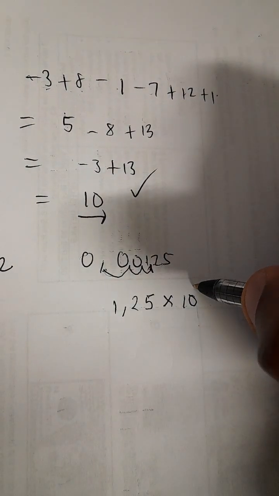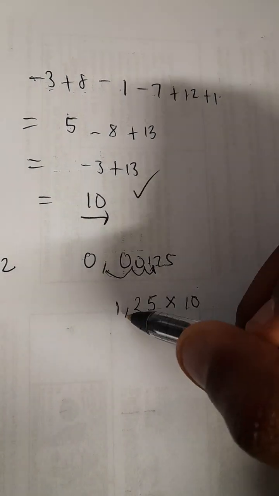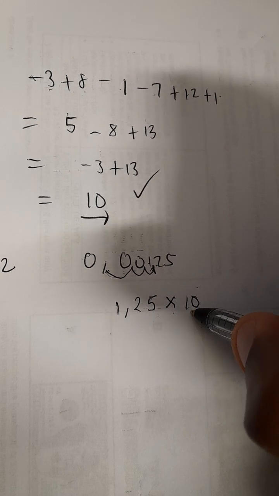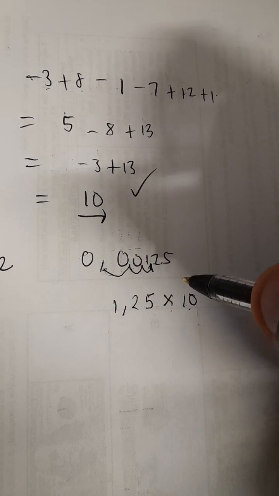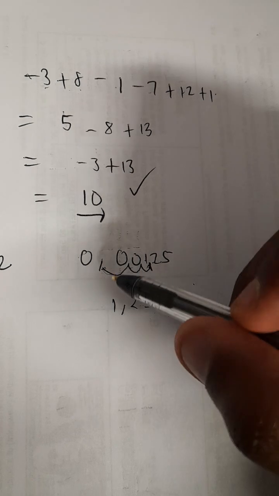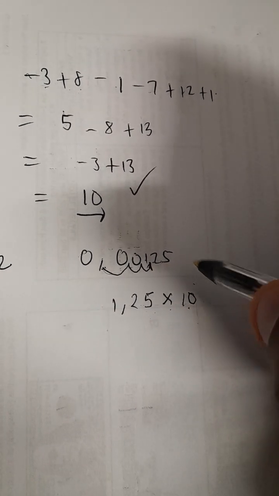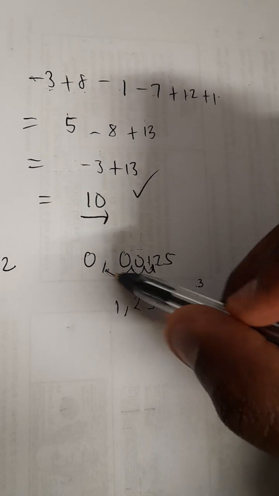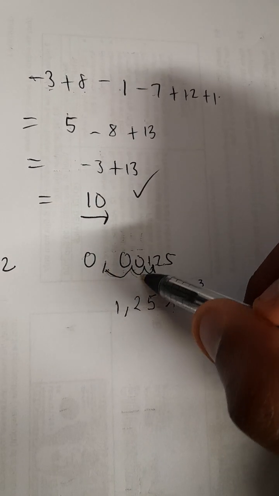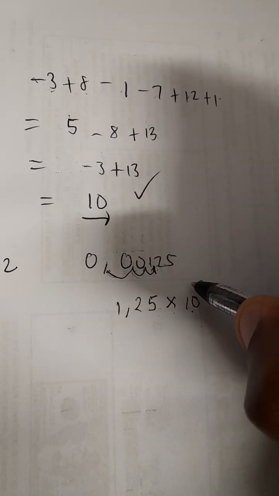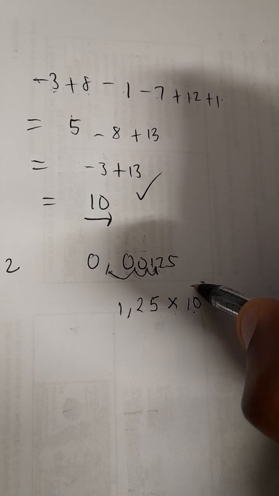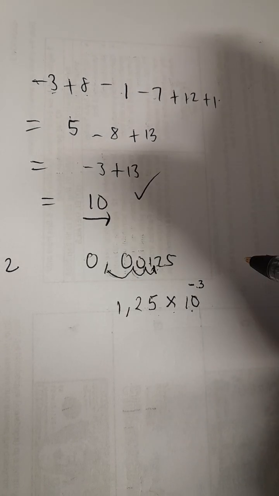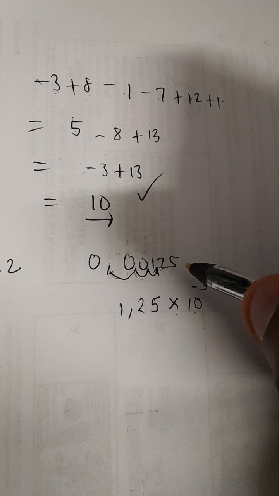So coming from the left side, we get 1,25 times 10 to the power what? Now, since we moved 3 times, because of how many times we moved, 1, 2, 3, but since we are coming from the left, we put a -3 because this is a very small number.